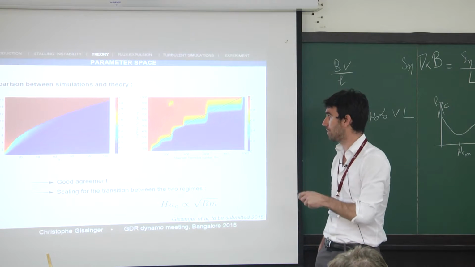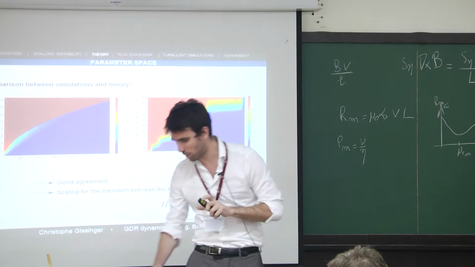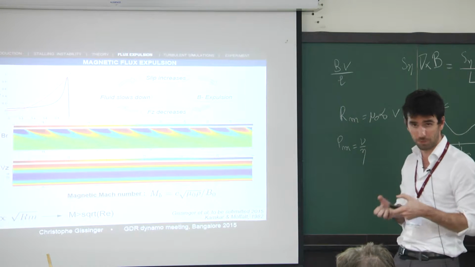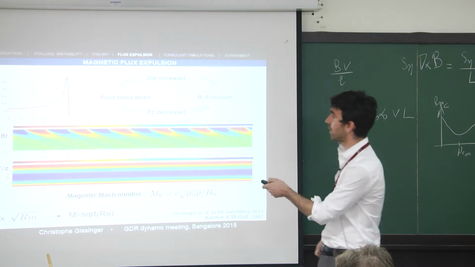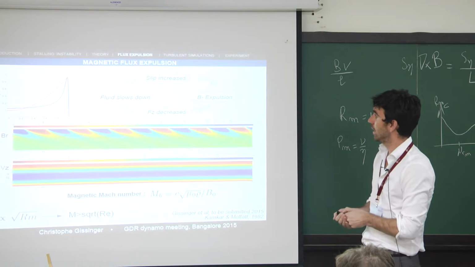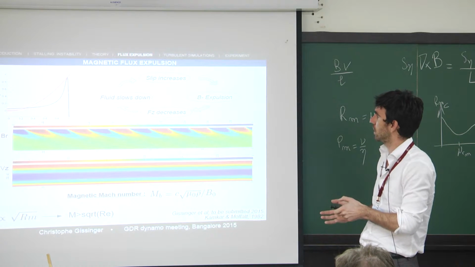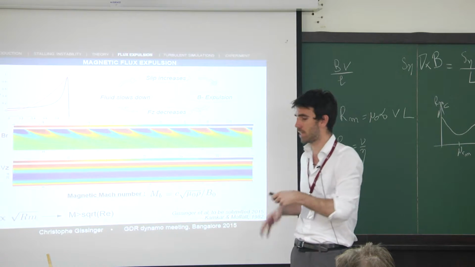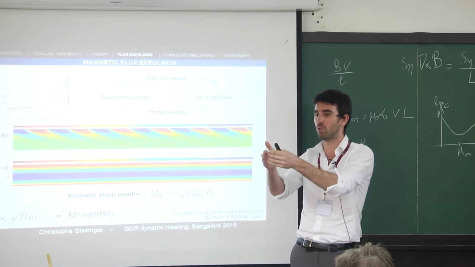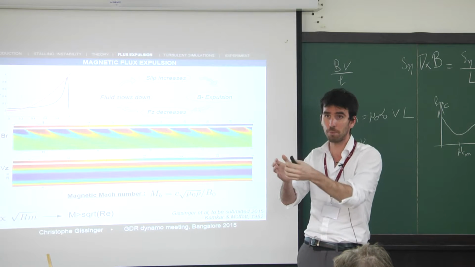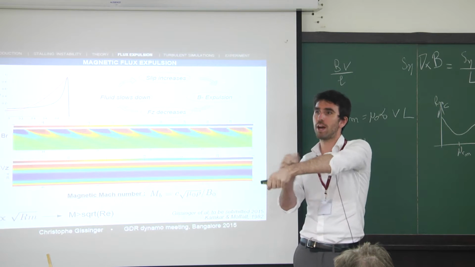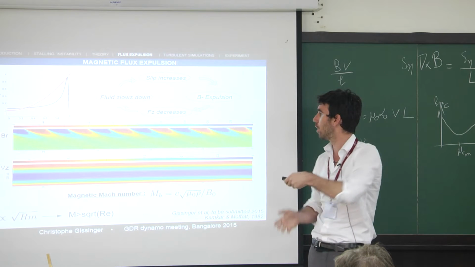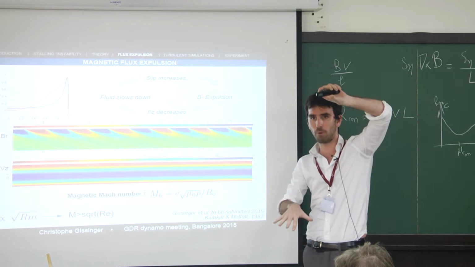Again, I have to say, these are laminar simulations, very low Reynolds number. Before I switch to turbulent ones, I just want to say a word about the physical mechanism. Again, I plot it against the Lorentz force. This instability is interesting because it is based on magnetic flux expulsion. When you reach these points, imagine you have a small perturbation where the velocity decreases. So you increase the slip between the velocity and the wave. By doing that, the magnetic field lines are sheared, and as a consequence you have flux expulsion from the bulk towards the boundaries.